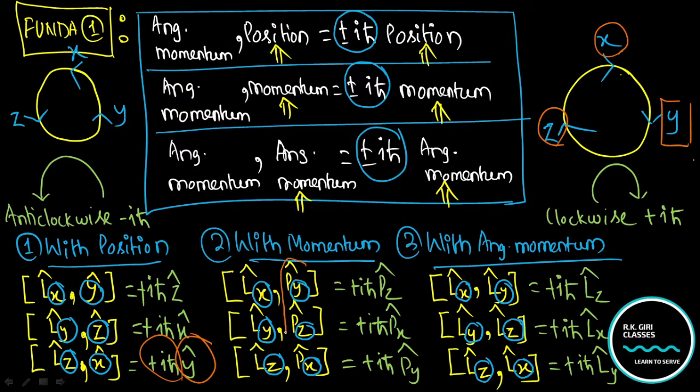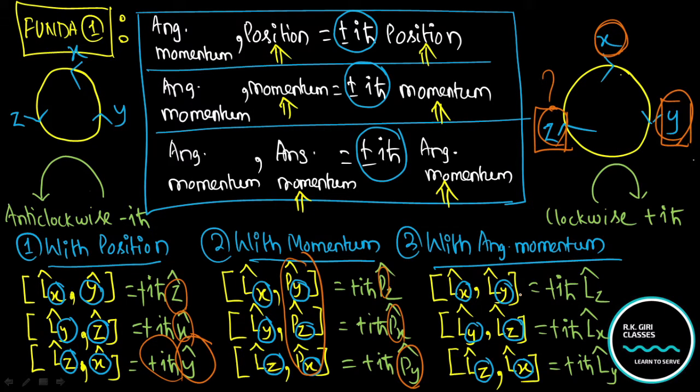Similarly, in the case of p_y, p_z, just put p_x. The rest of the things are the same, starting from x reaching towards y, and the rest part will be your answer.